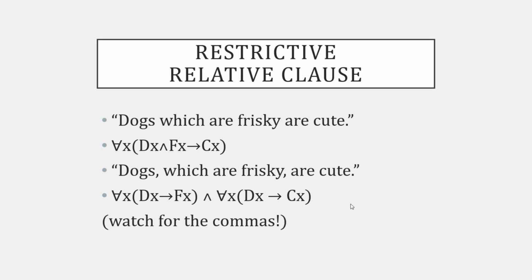You can consider the alternatives, of course. If we made this a disjunction, we'd be saying either dogs are cute or dogs are frisky. And that's not really what's being said here, right? That sentence would be true if dogs are cute but not frisky, or frisky but not cute, but that's not what's being asserted here.